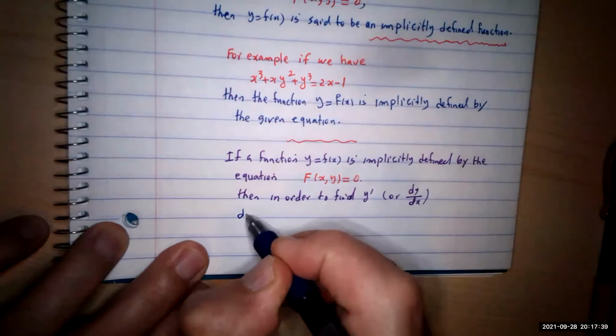If you want to find the derivative of y squared, chain rule, 2y y prime. If you want to find the derivative of y cubed, 3y squared y prime. You have this y prime because the y is a function. You don't know it, so you keep a place for it. For example, y is something like, by itself, x squared minus 2x plus 1 to the second power, to the third power.